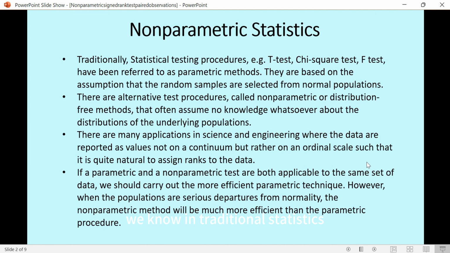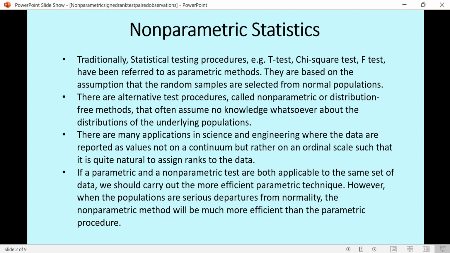We know in traditional statistics, most of the tests like a t-test, a chi-square test, or F-test have assumptions that the data come from a normal distribution, at least approximately normal.